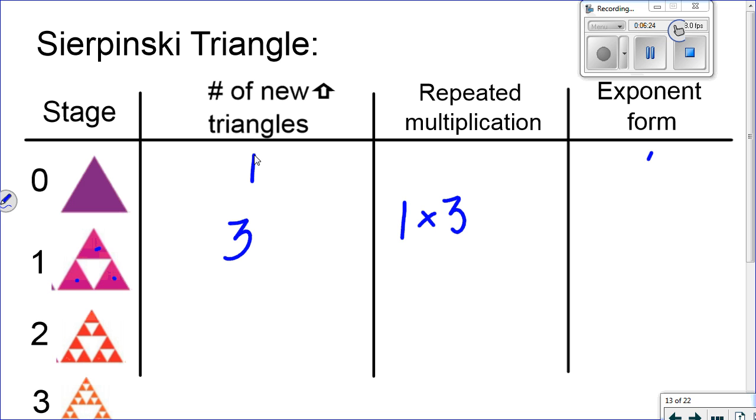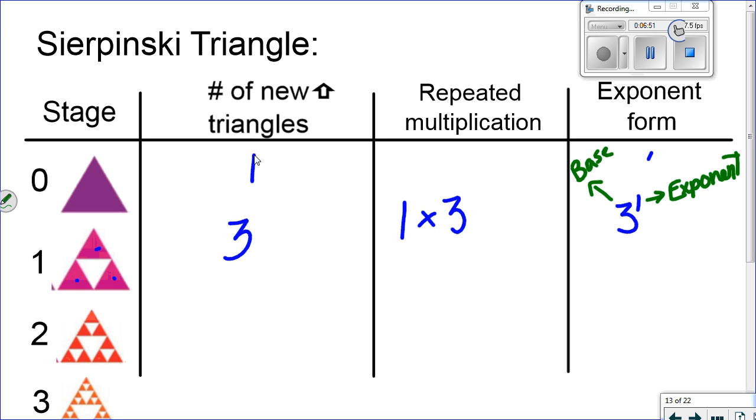What is 1 times 3 in exponent form? So I'm going to move on to exponents. 1 times 3 in exponent form is just 3, right? So 3 to the first power. So recall from what you already know, that we have a base. So 3 is our base. That's what we're multiplying. And we have our exponent, and that's how many times we are multiplying that base.